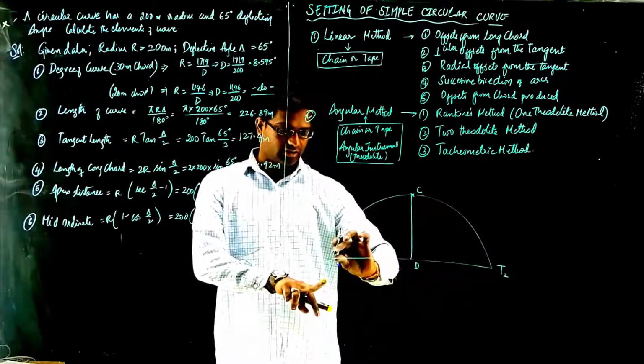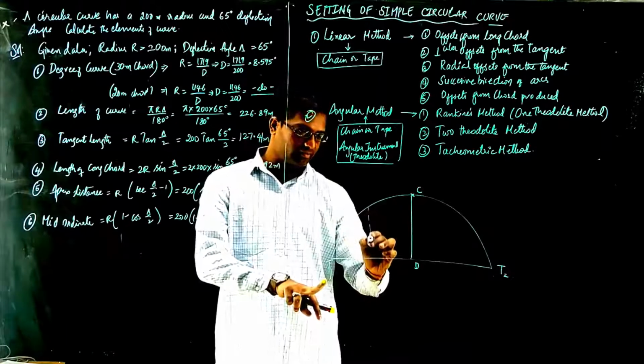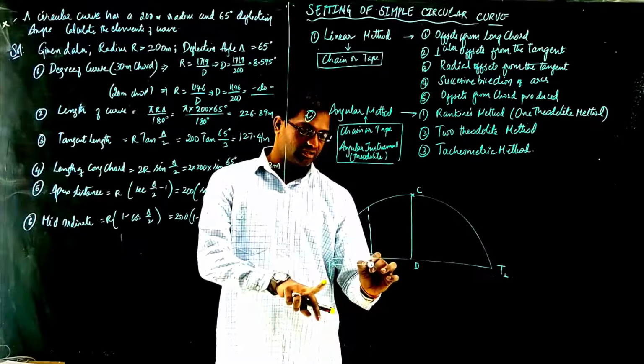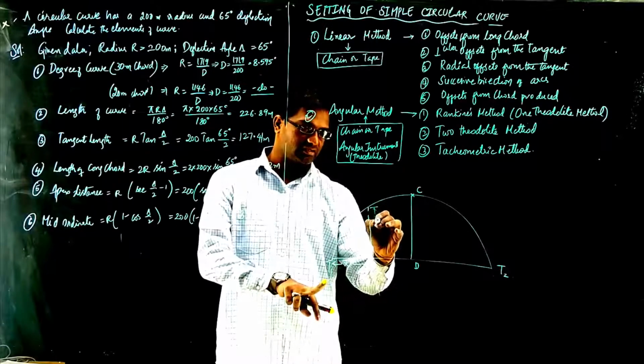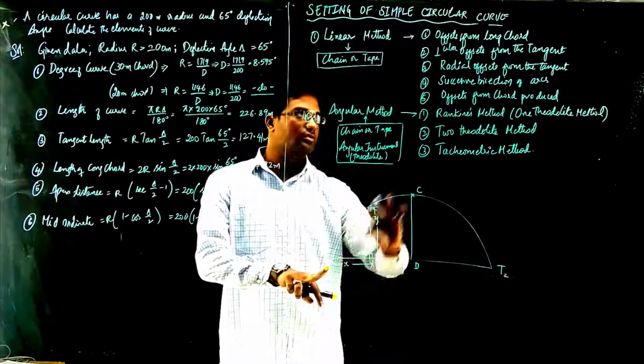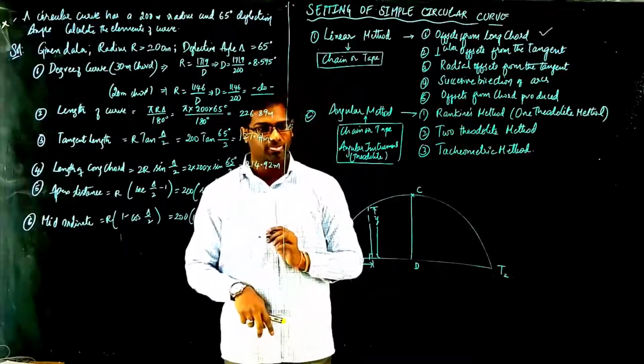At every interval, if you take offsets, an offset is nothing but a perpendicular. If you know this distance, then that is called an offset from the long chord.